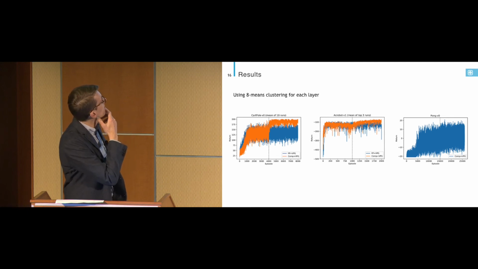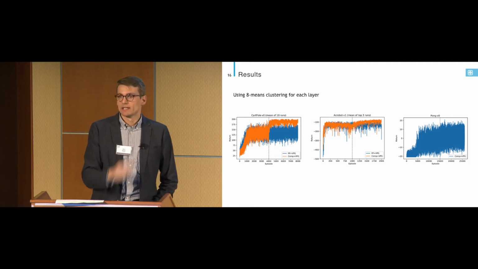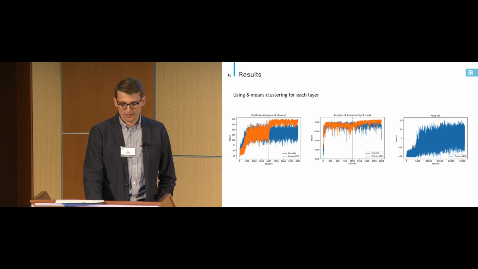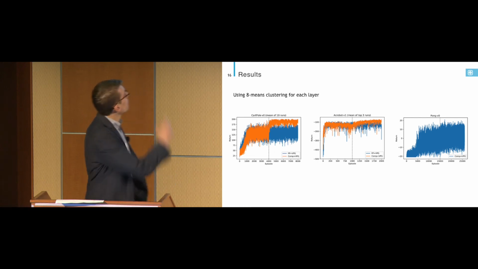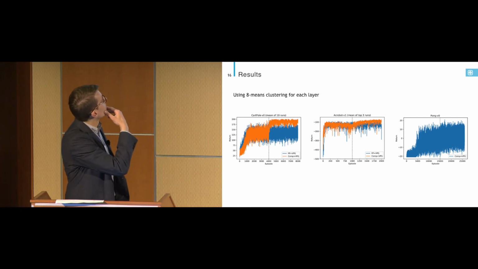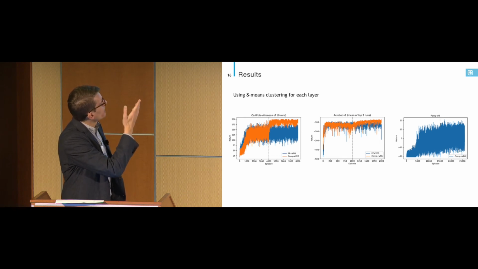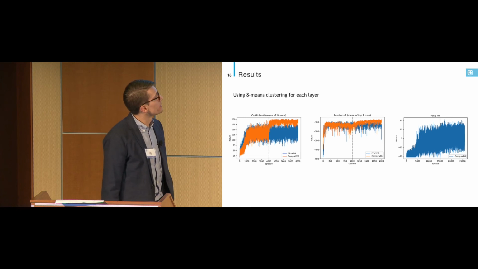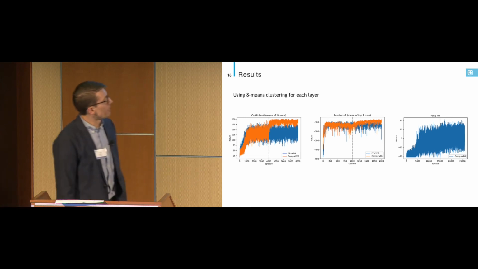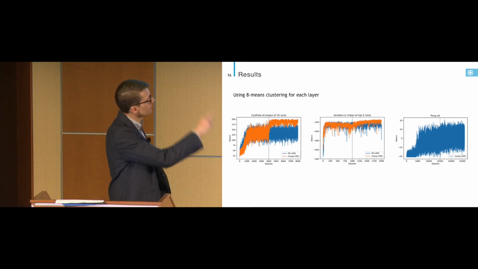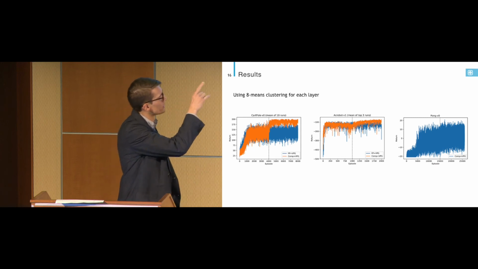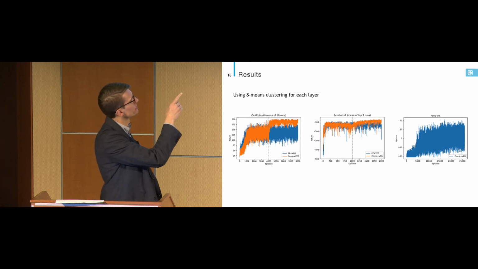And we can see that in this case, clustering significantly improved our variance and our performance on the cart pole task, and that's in the orange. And for Acrobat, it also improved things. And also there was a minor improvement in Pong. In Pong, this is the first time you've seen a Pong plot in this talk.